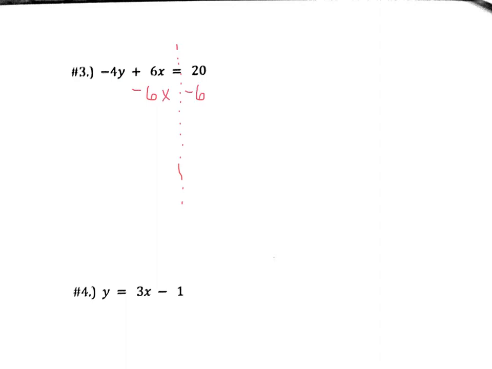Show it on both sides. Bring your negative 4y straight down. Positive 6x, take away a 6x, that's nothing. Keep your equal sign lined up. 20 minus 6x, those are not like terms, so you just write 20 minus 6x.